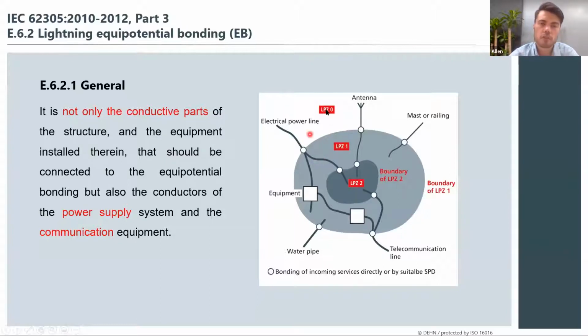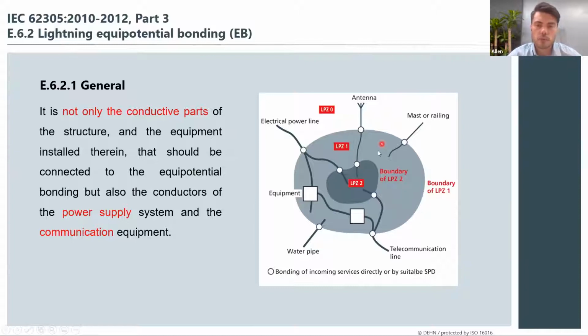This means that if you move across zones, you need to install a surge protection device on the boundary of that level. You can see that the electrical power line, the antenna, and the telecommunication lines are all bonded via an SPD. Other bonding measures are for your masts or railings or any conductive metal that's coming from outside the zone into your building. It also needs to be bonded, just via an earthing connector.